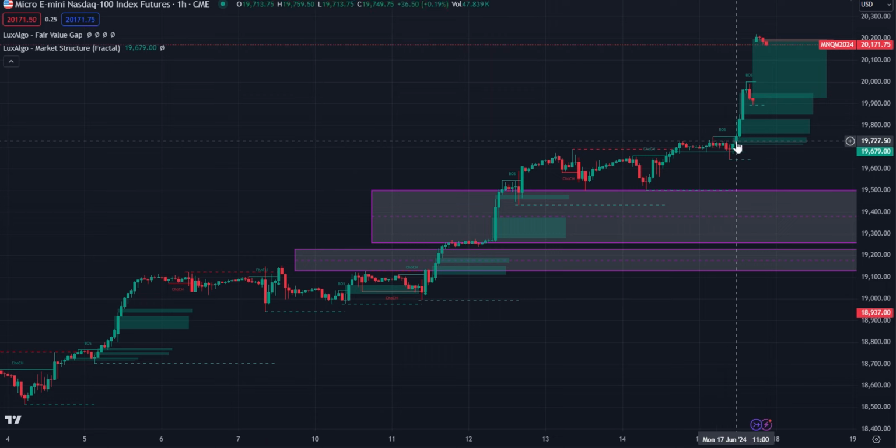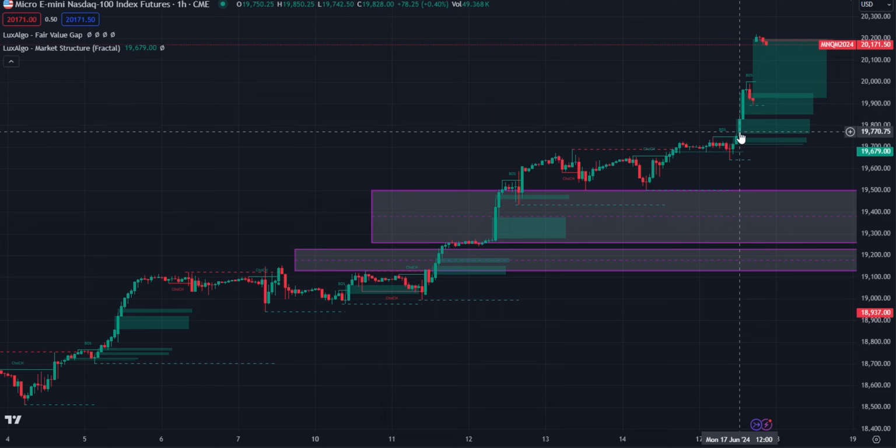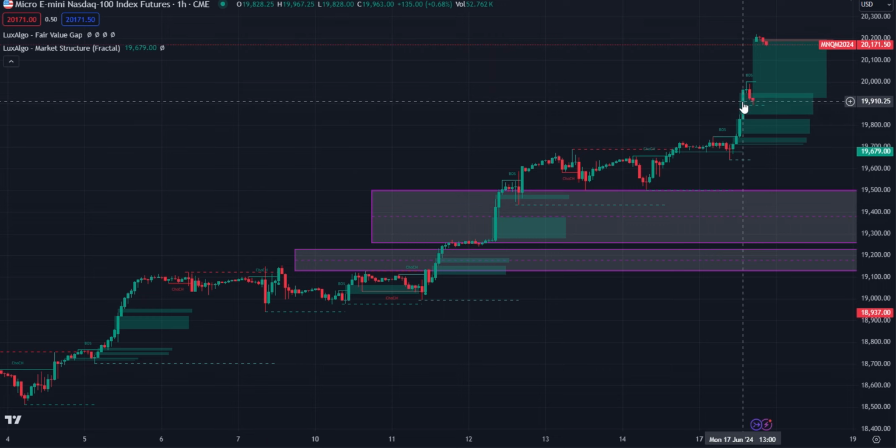Now, break of structure usually means that the trend is going to continue in the direction it's going in. And as you can see, it has moved up here. By 1 o'clock, it's up near its high for the day.